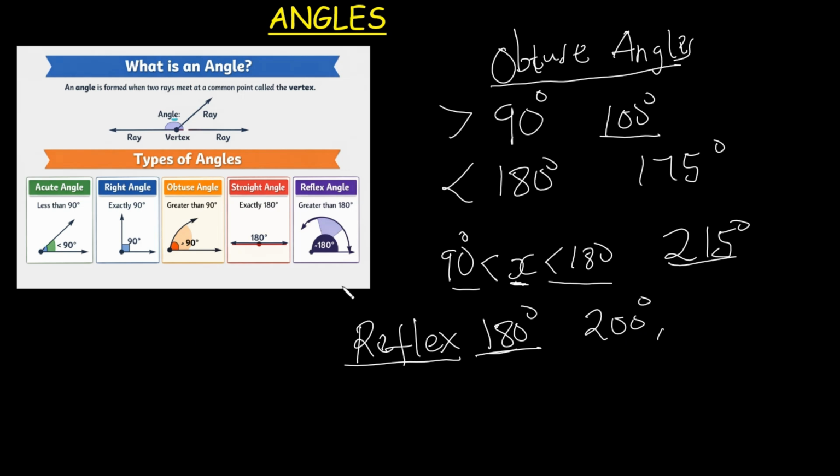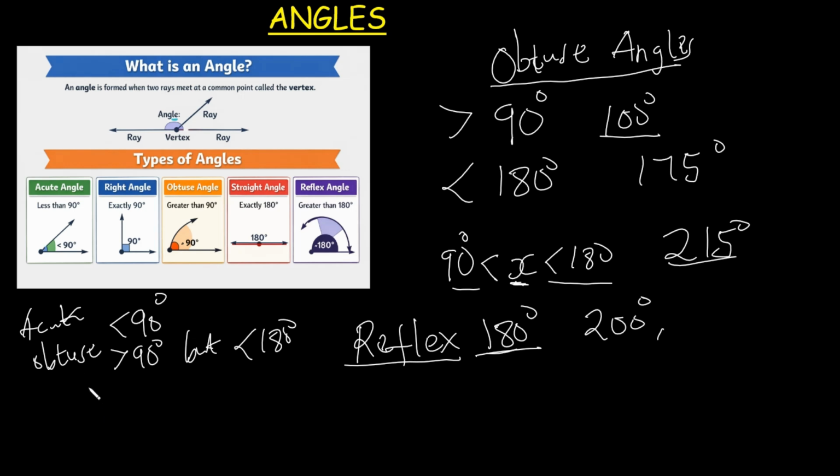So let's wrap it up. An acute angle is an angle less than 90 degrees. An obtuse angle is an angle which is greater than 90 degrees but less than 180 degrees. So acute and then obtuse.